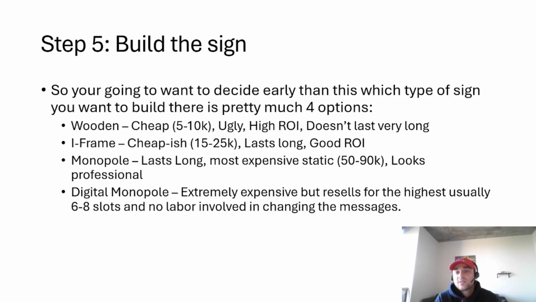But also resells for the highest, and there's a lot of cool things you can do digitally with like retargeting people with Facebook ads. So if they drive past it and they see an ad, they get hit with a Facebook ad later on in the day. But typically you have 6 to 8 slots, so you have to find a lot more advertisers that want to be on that sign than you would on a monopole. But once again, no labor is involved in changing the messages.